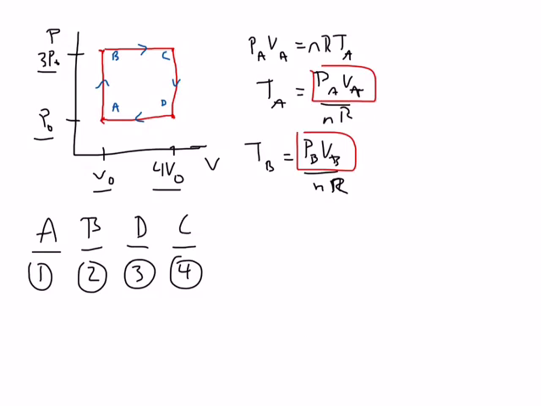Part 2, we need to figure out the temperature at point D, and I've already done it with this calculation here. So if you get part A1, you've probably already done part A2 at least a bit.